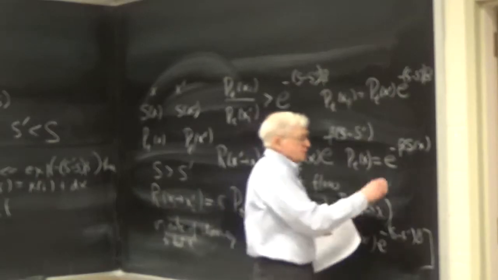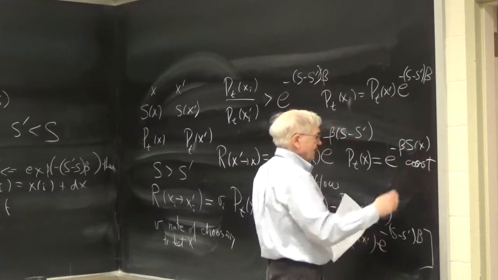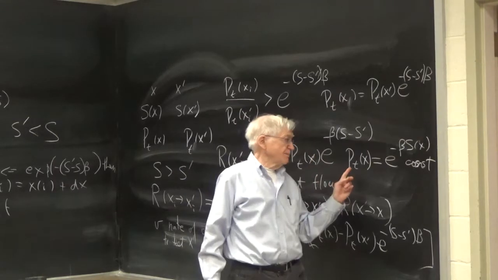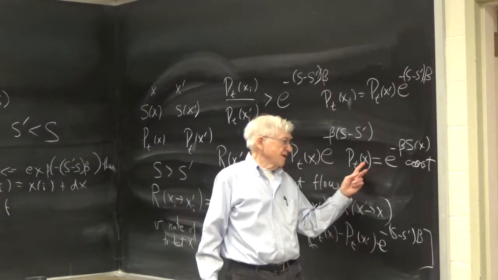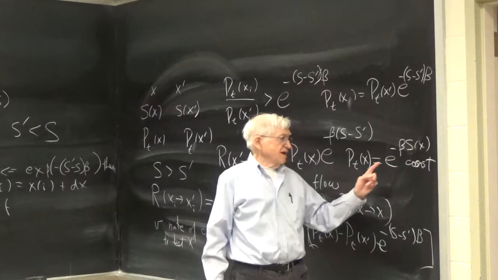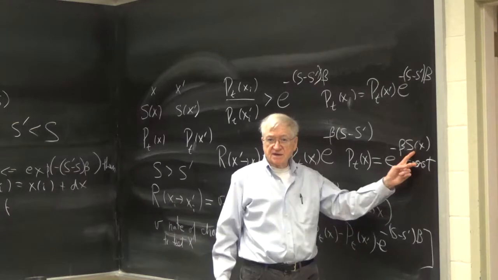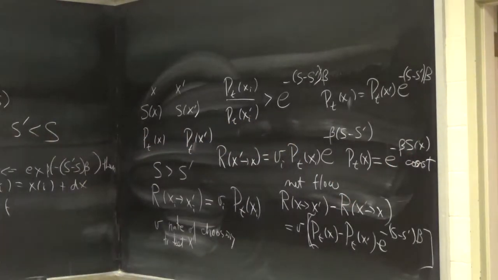So it stops when this is times some constant. In other words, the flow stops when the probability of x at time t is proportional to e to the minus beta s of x. But that's exactly the probability distribution that you want, e to the minus s.